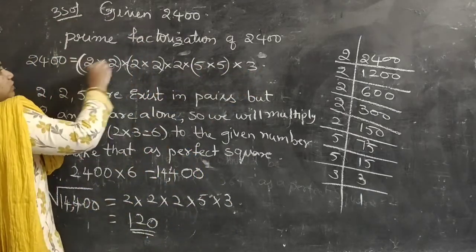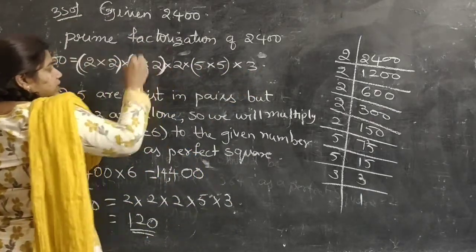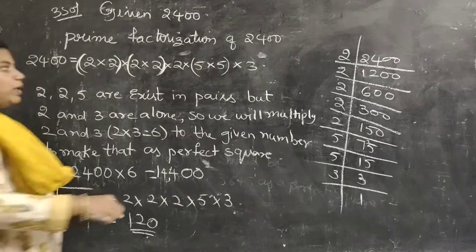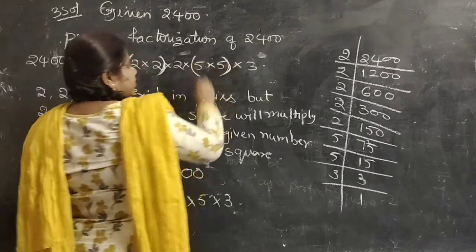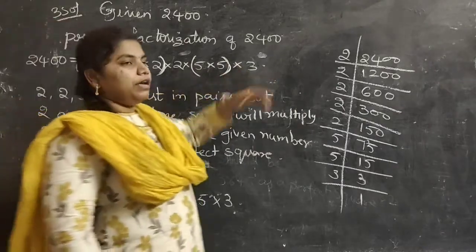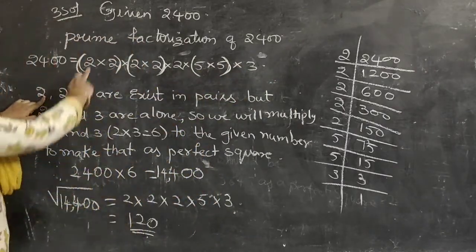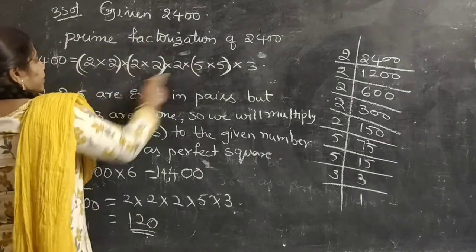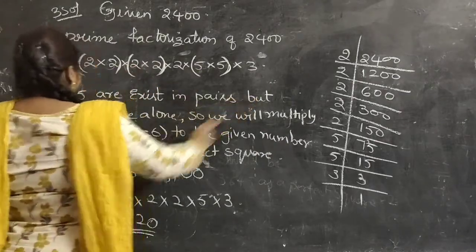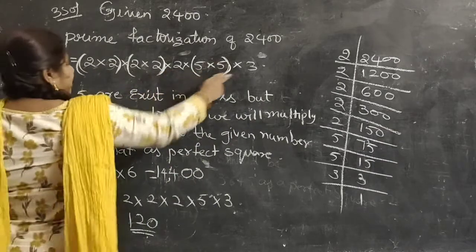Now pair these values here. Every two equal factors will be equal to one pair. So which numbers are remaining? 2 and 3 are alone here, and the other numbers are in the form of pairs.